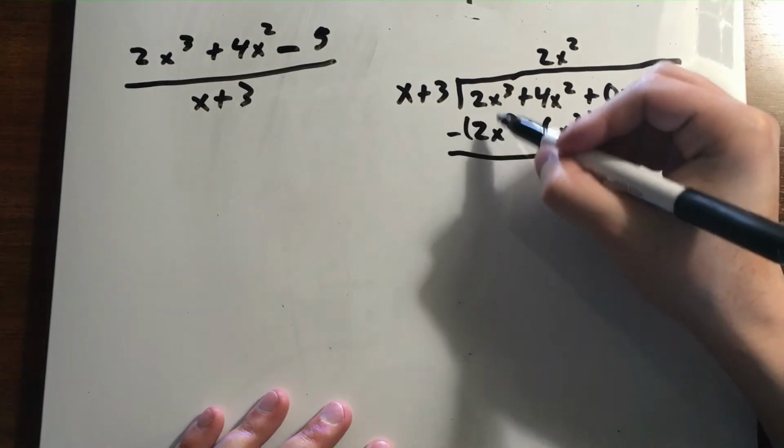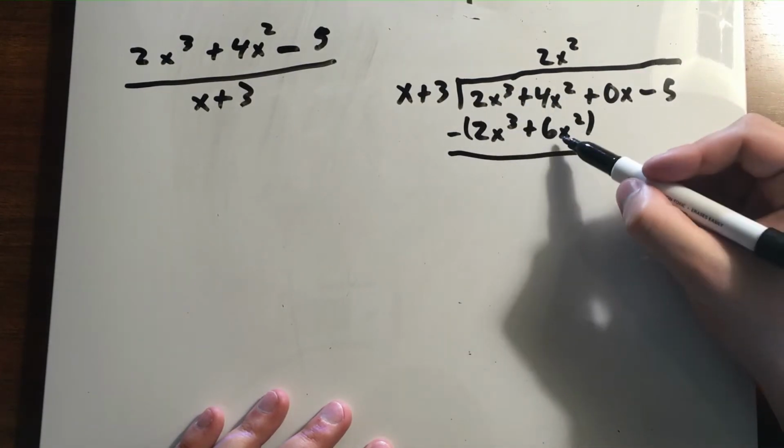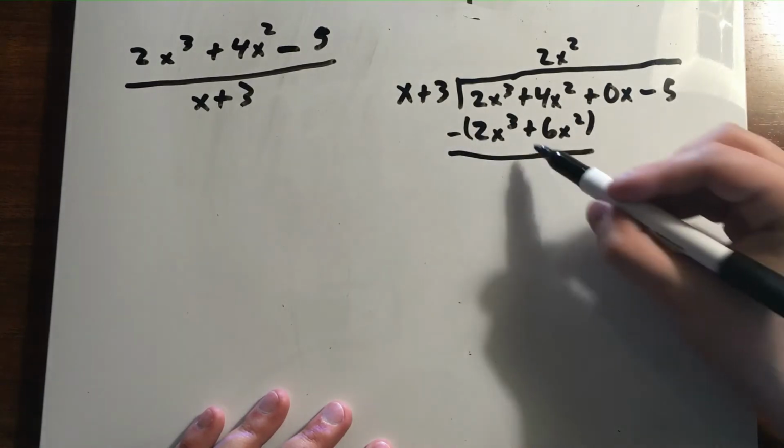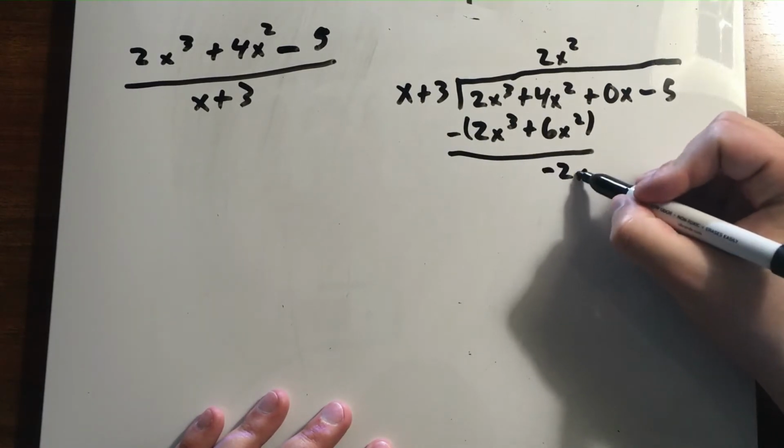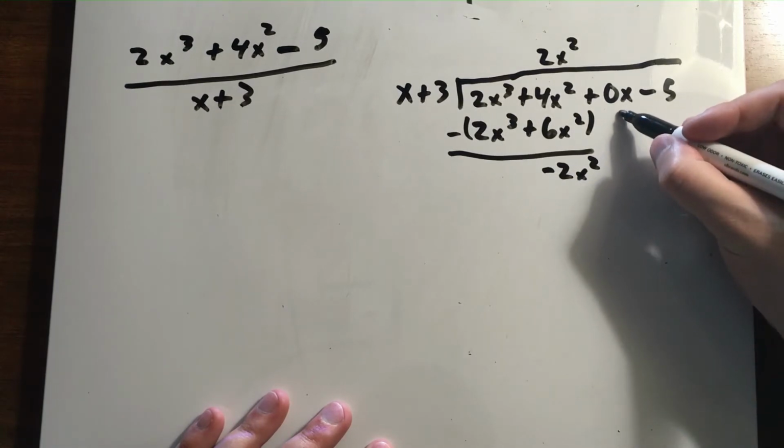Subtract. This will be 0. 4x squared minus 6x squared is going to be negative 2x squared. Bring down the 0x.